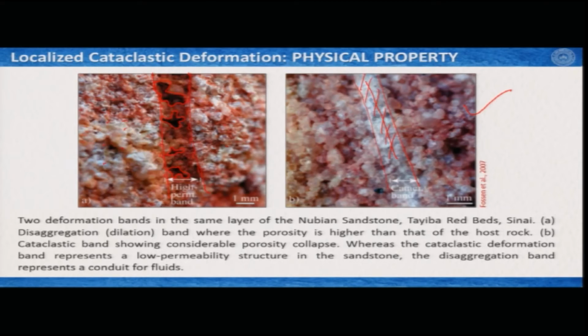So, the take home message from this slide is that you may have a porous rock which you may consider a good permeable rock, but if this rock has cataclastic localized deformation bands which are compacted like this, then your flow or permeability would be significantly reduced even if the host rock is extremely porous and permeable.